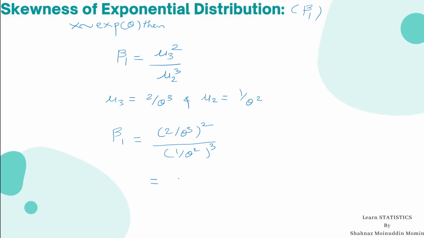So it is 4 by theta raised to 6 divided by 1 by theta raised to 6. That is, it is 4. The value of beta 1 comes out to be 4, which is the coefficient of skewness.